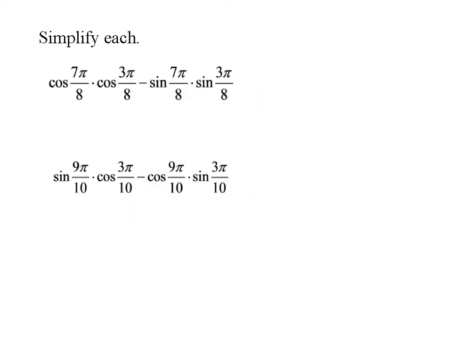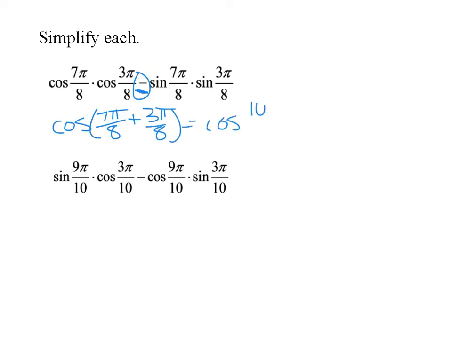We can do the same thing with radians. Here we have cosine, cosine, sine, sine. So this is a cosine identity. Cosine, cosine, sine, sine, sine. So that sine in the middle changes. So this is going to be cosine of 7 pi over 8 plus 3 pi over 8. So that is cosine of 10 pi over 8.